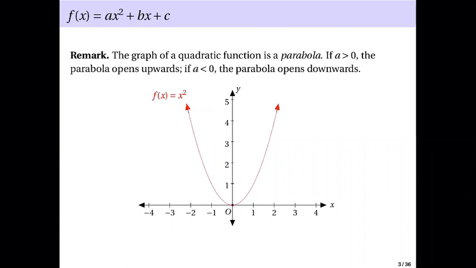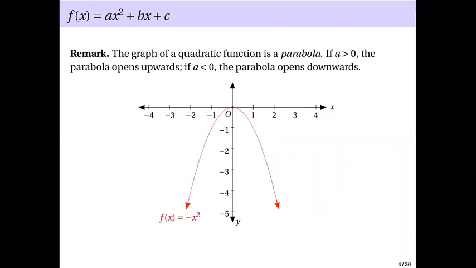And then this is an example of the other case. We have a function f of x equals negative x squared. The graph is a parabola. The coefficient of x squared is negative 1, so it's a negative number, so the parabola opens downwards.